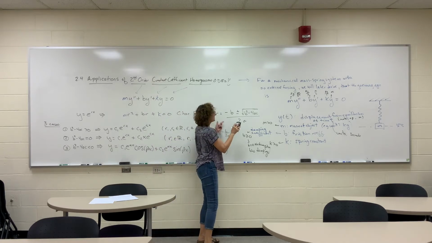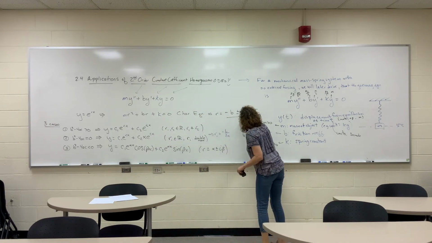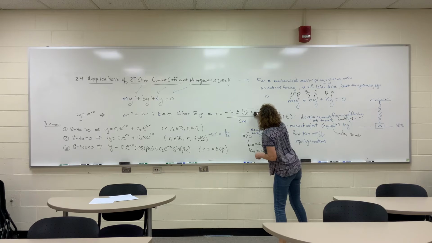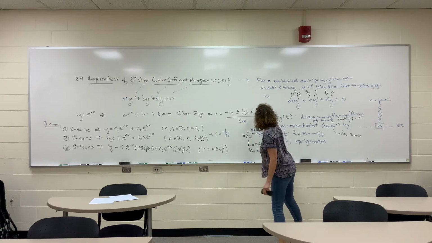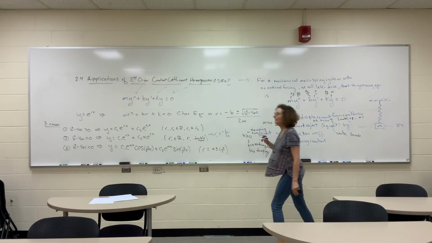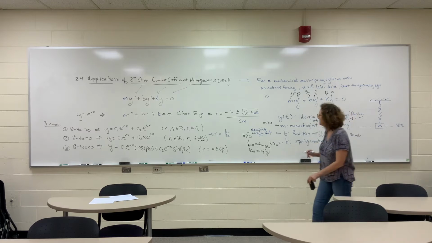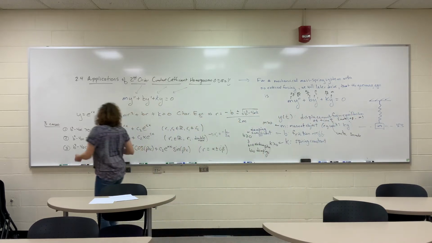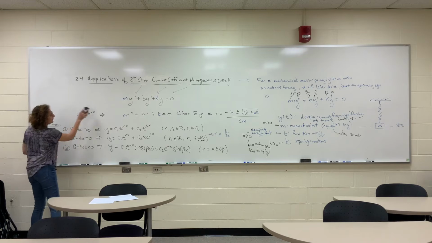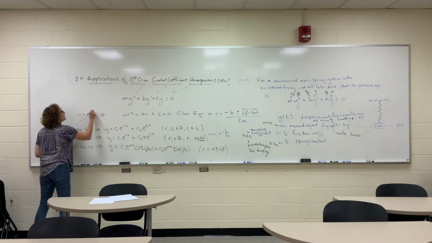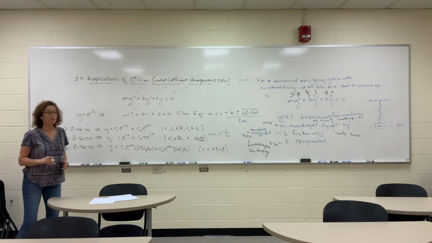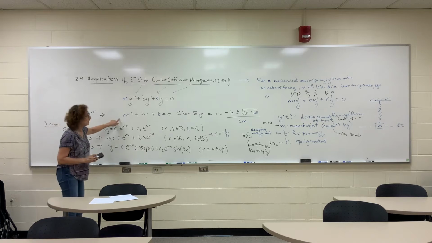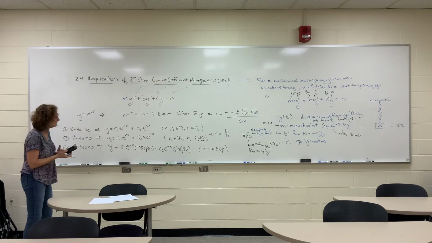And the characteristic equation is then going to have a 2m down here, and a b squared minus 4mk there. It's the exact same thing, except for now we'd be doing y is e to the rt, because t is our independent variable, and that's what would have resulted in this.